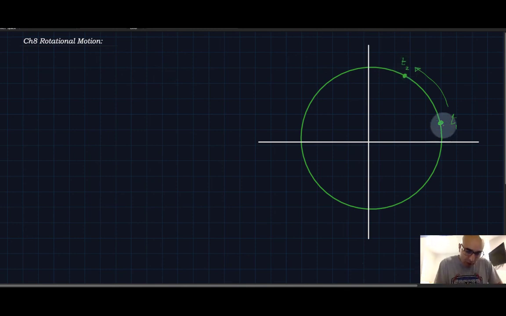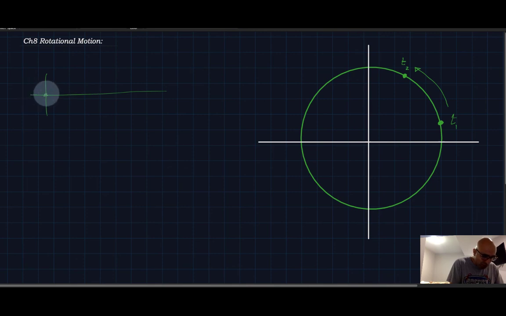Now, if we want to look at the position, I said position, but which position are we looking for? Let me remind you what happened in chapter 2. In chapter 2, we made this the origin, and from the origin, we call that the reference. So any point you draw, I'm going to call this x1, and it's a displacement, so it's a position.